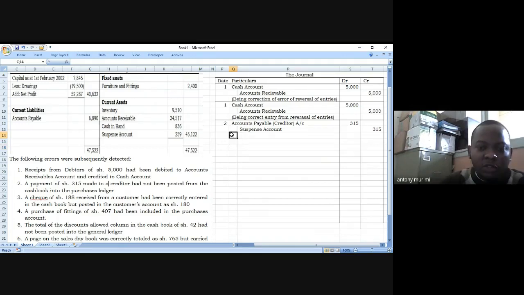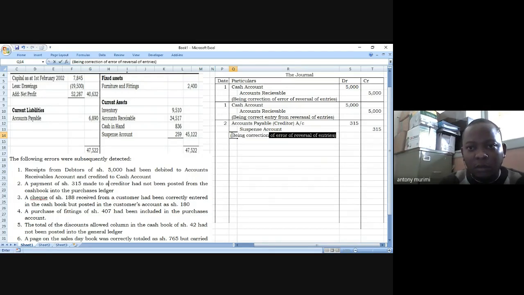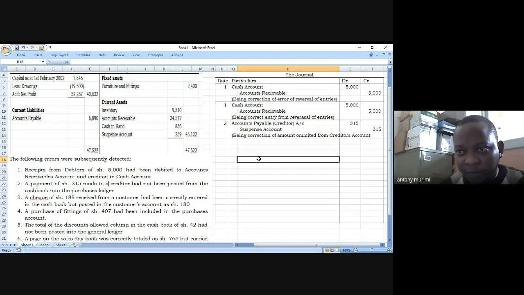And then you have the narration being: correction of amount omitted from the creditor's account. So like that.